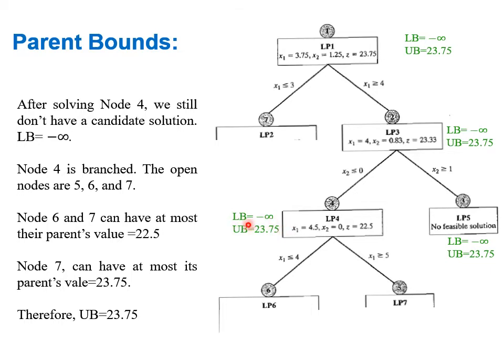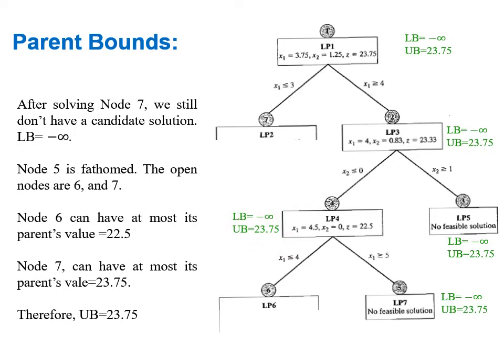Therefore, the lower bound is minus infinity. And as unexplored nodes, the best that we can get from this side is 22.5. And the best that we can get from this side is given by its parent, which is 23.75. Therefore, the upper bound is 23.75. In the next step, we solve node 7.